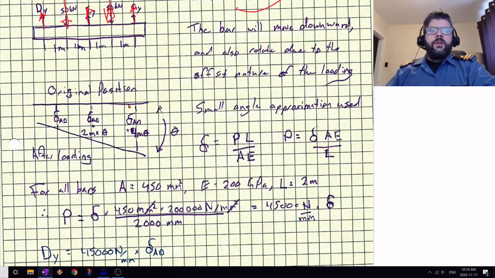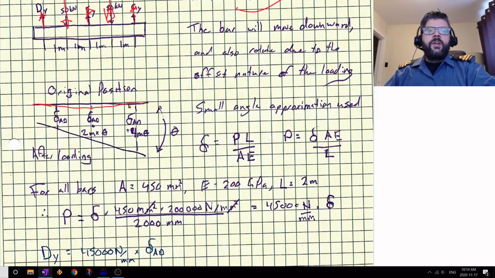So here's our original position, here's the final position. So you're going to get some amount of stretching in the bar AD, and that amount of stretching will happen in each of these bars.